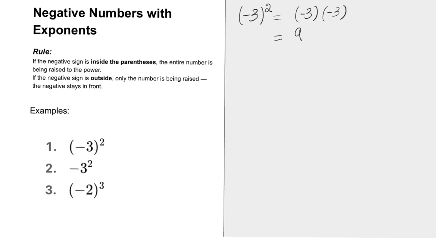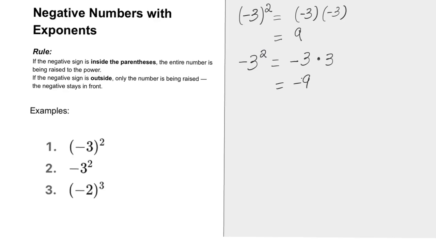Here's another one. When we have -3 and the negative is not inside the parentheses, the answer will be negative. So the base is not -3, it's 3 times 3. So the answer will be -9.